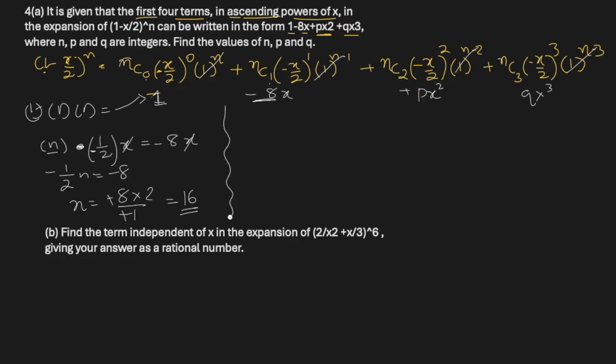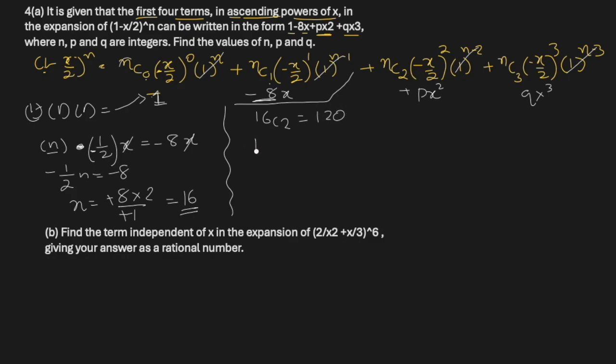Okay, let's go for P and Q. Now we know n, so we can use 16. The first one is already done, and this will give us the next one. NC2 will be 16C2, which is 120.